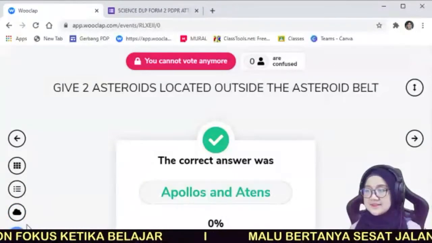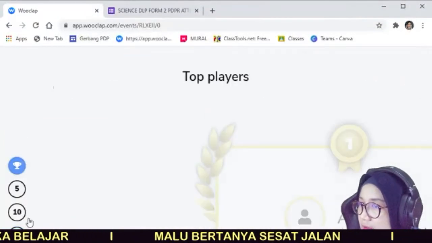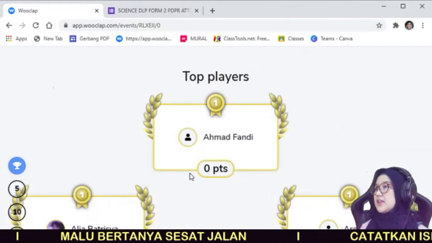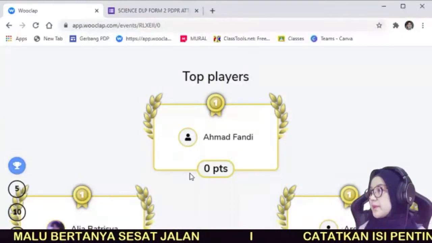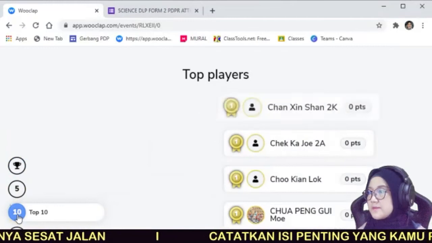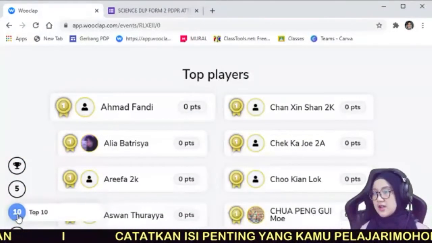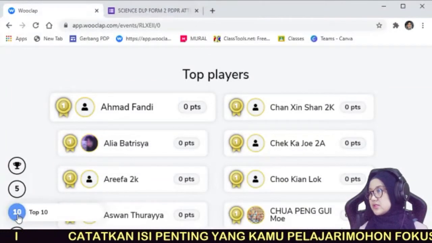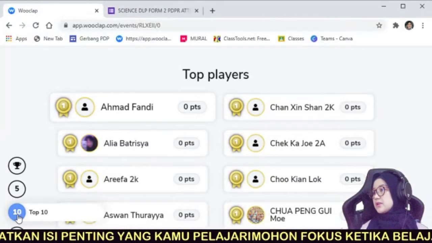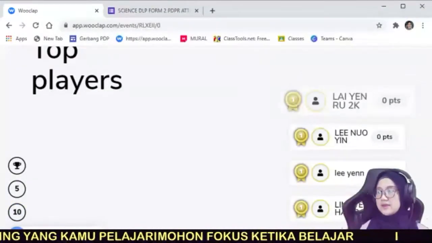Apollos and Atens. Okay, for those who answered correctly, let's see who. Yes, Ahmad Fandi is the first, the top player, then Arifa, Alia, Batrisha. Let's see the top 10. Ahmad Fandi, Alisha, Arifa, Aswan Suraya, Auni Batrisha, Chan Zinian, Cik Kaho, Chu Kian Lok, Chua Pengui, and Gan Yi Ching. Okay, let's see the top 20.